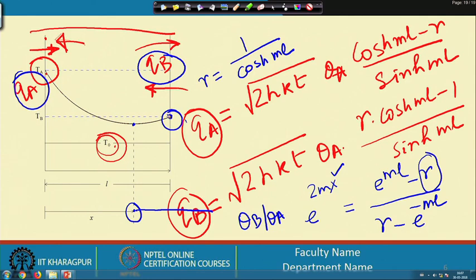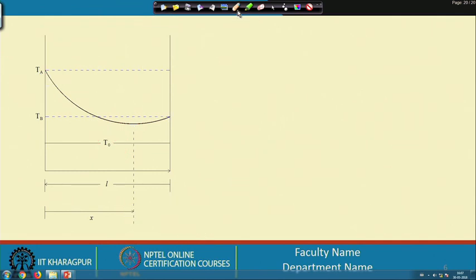When the value is r less than 1 by cos hyperbolic ml, let us look into that situation one by one. So, here we have a situation when exactly r is equal to 1 by cos hyperbolic ml.